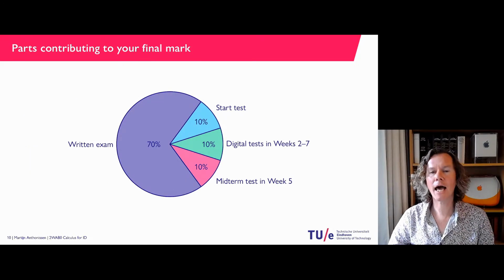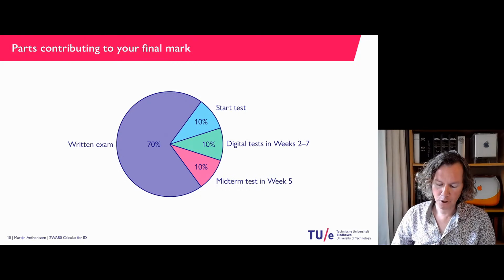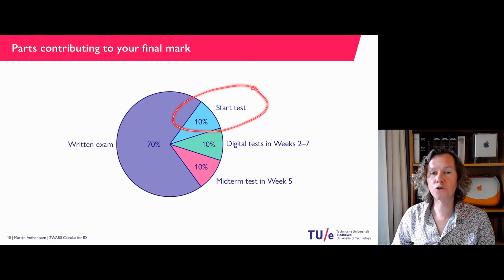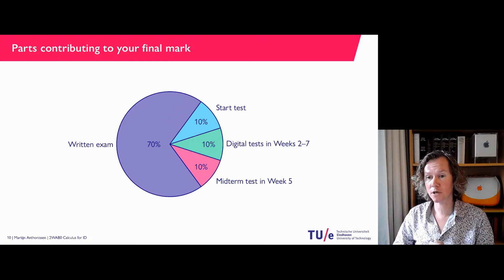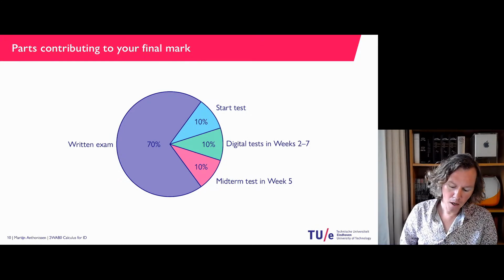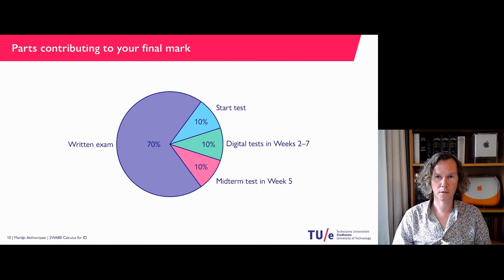Then a little bit on how you can pass this course, or which hurdles you need to take. There's going to be a STAR test, which is going to be this Thursday at 6 o'clock. I have a separate slide on that, but that counts 10% towards your final grade. Then in weeks 2 until 7, so starting next week, there are going to be digital tests.